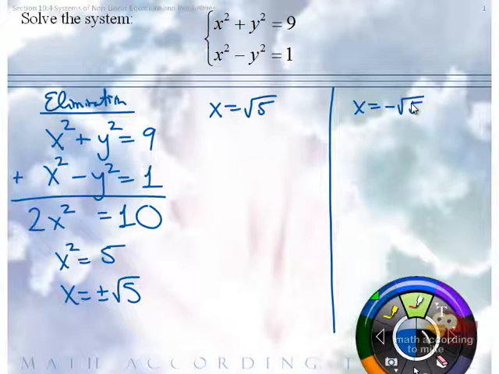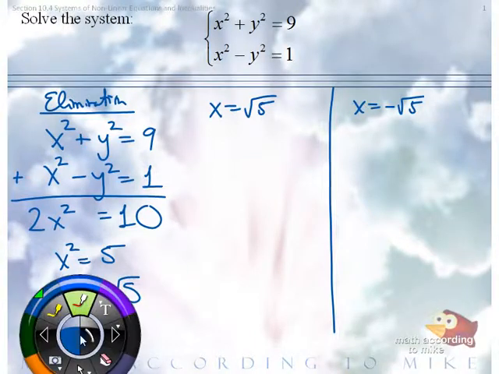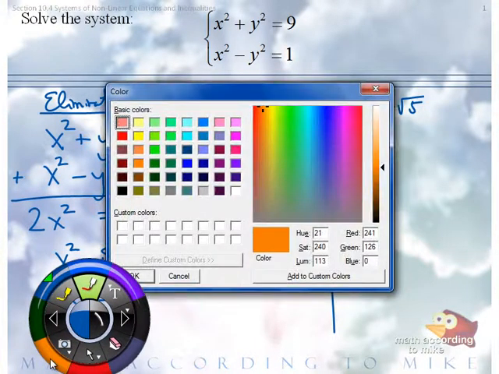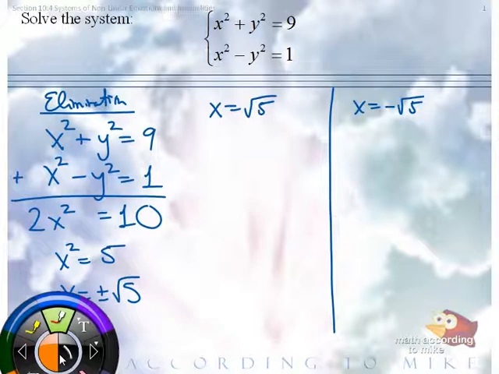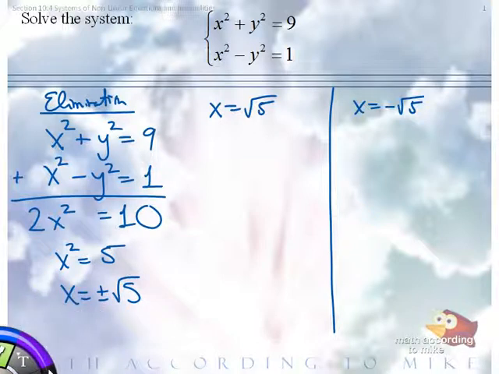Does it matter which equation we use? Nope. Let's use the top one, because y's got a positive coefficient there. So we'll have the square root of 5, squared, plus y squared equals 9. What is the square root of 5 squared?